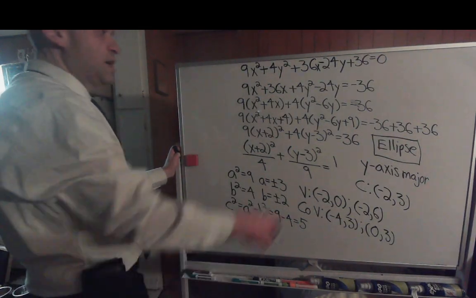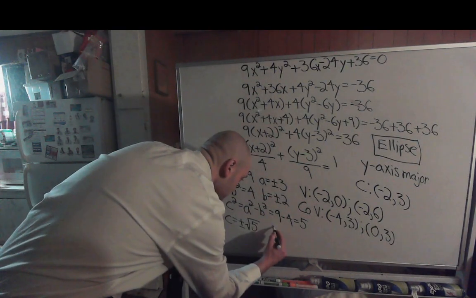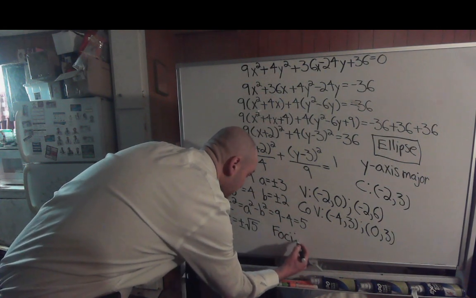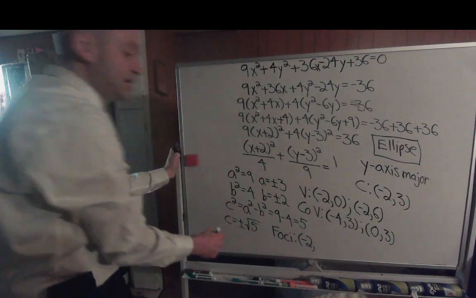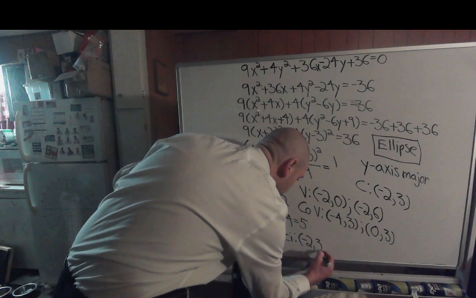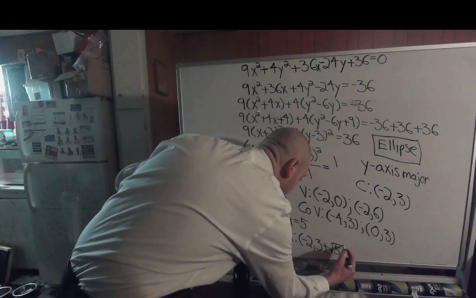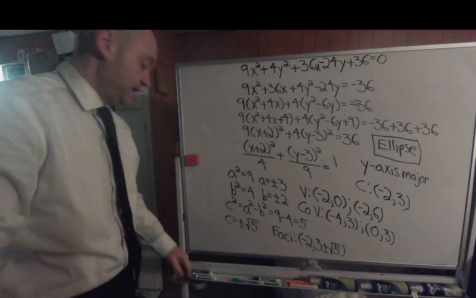Your foci deal with the major axis. Your y-axis is the major axis. So your foci will be at the point negative 2 for your x, but you'll take that 3 and add both plus and minus the square root of 5. So your foci can be found at negative 2, then 3 plus and minus the square root of 5.